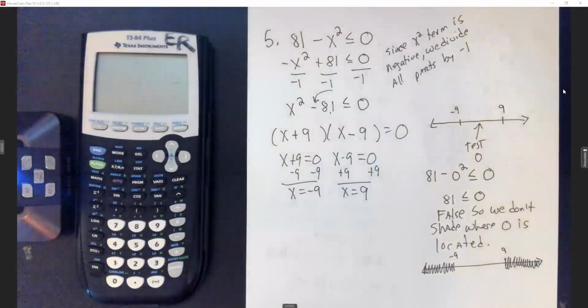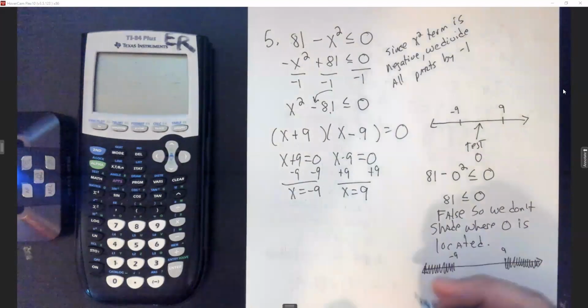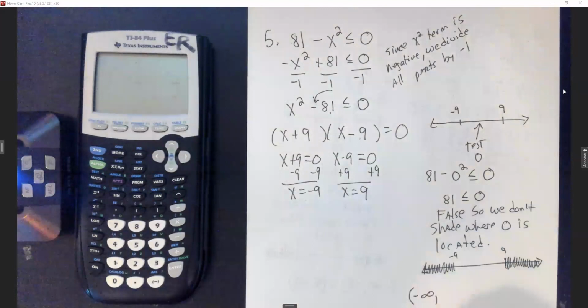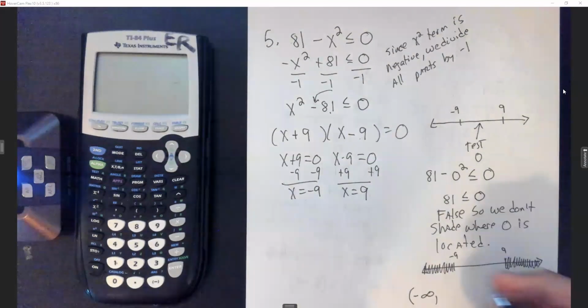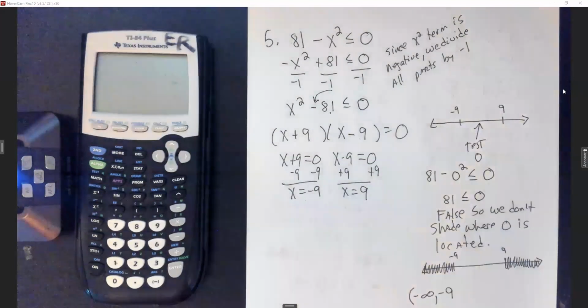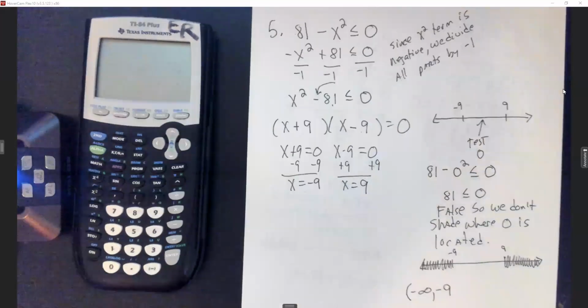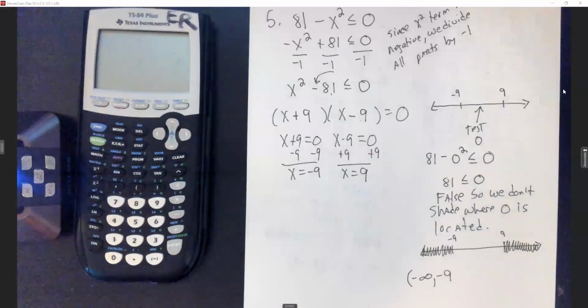All right, now writing this one in interval notation, you're going to start at -infinity until you hit -9. So, would y'all put a bracket or parentheses at that point? Is it a bracket?